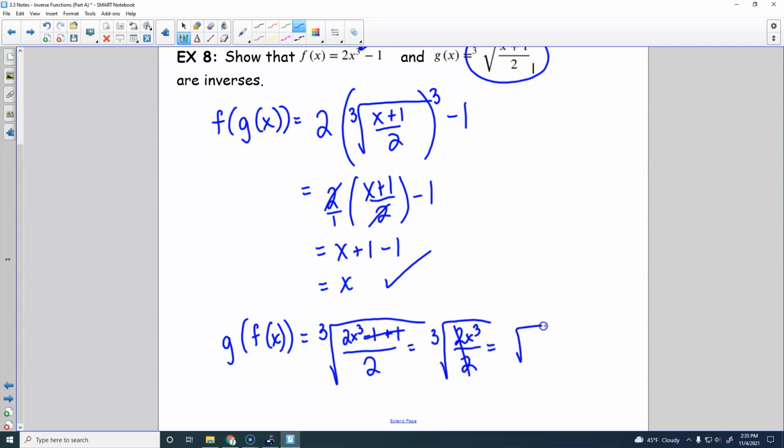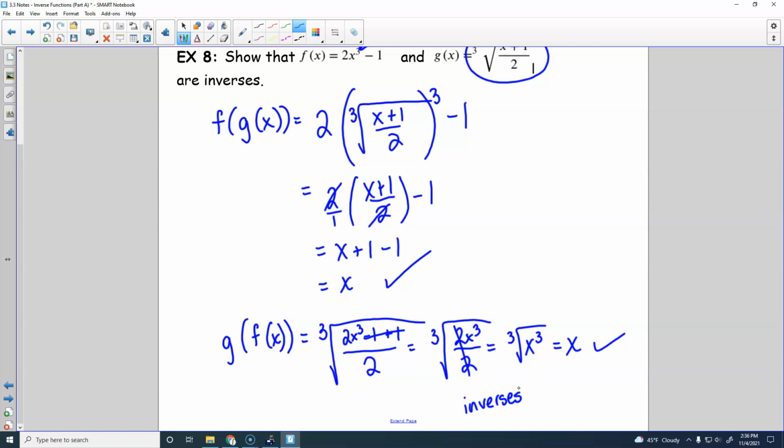The 2's. Then I've got the cube root of x cubed, which is x. So these are inverses. If that were on a proof, we would have to show both of them. This is not going to be on free response because this is not calculus.